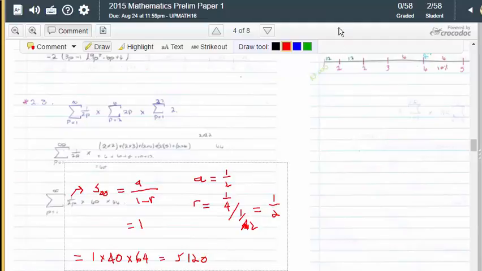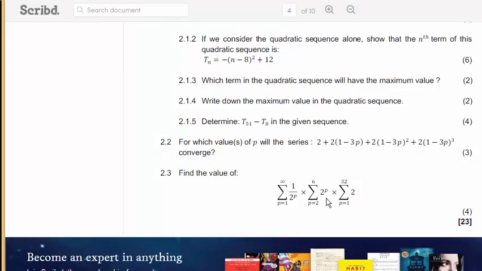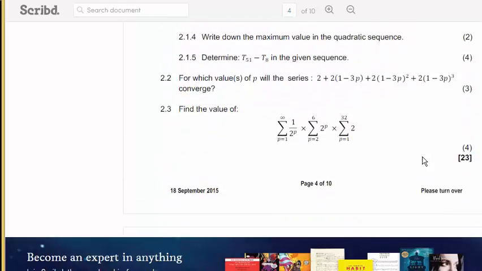So actually very simple. Okay, but it looks very complex. Okay, I think that's question 2. That's question 2.